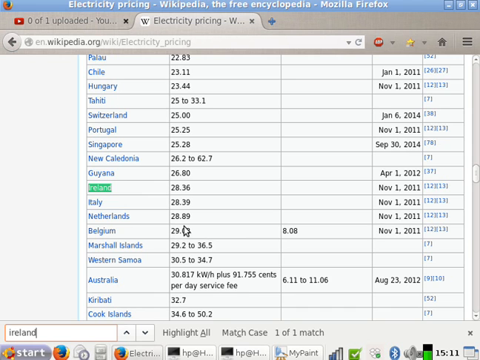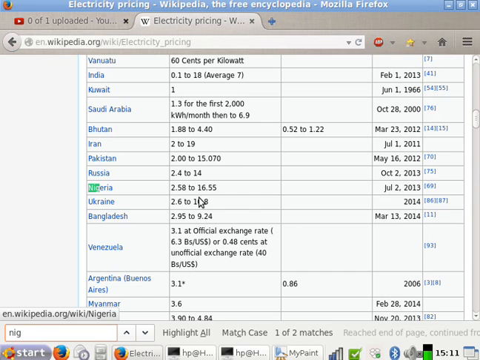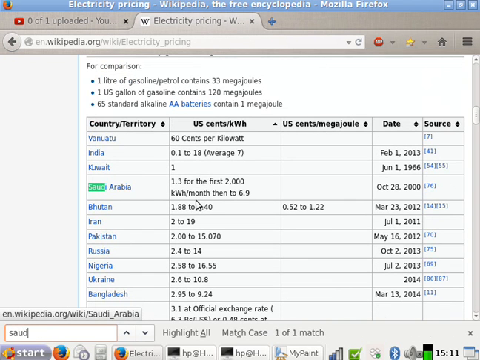Any other countries? Do we check Nigeria? It's 2.58 to 16.55. Saudi is 1.3 for the first 2,000 units a month, and then it's 6.9 when you go over that.